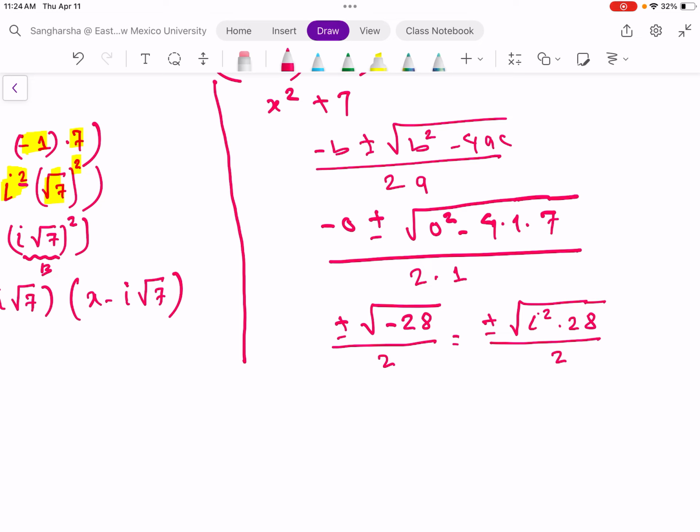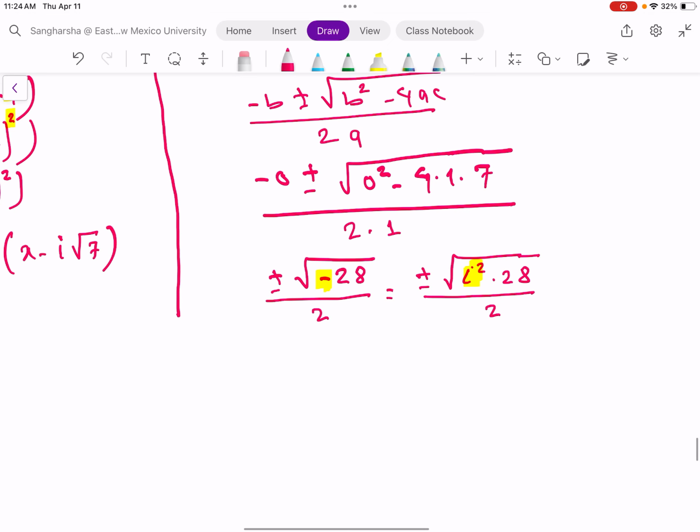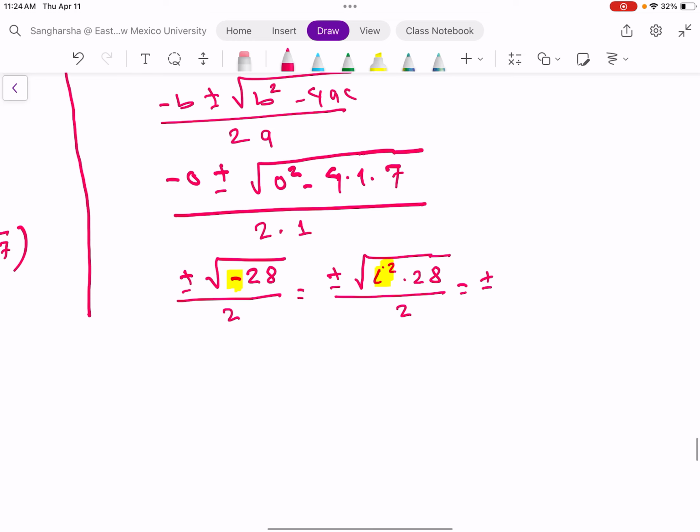Can we rewrite 28 as 2 squared times 7? 2 squared is 4, and 4 times 7 is 28.